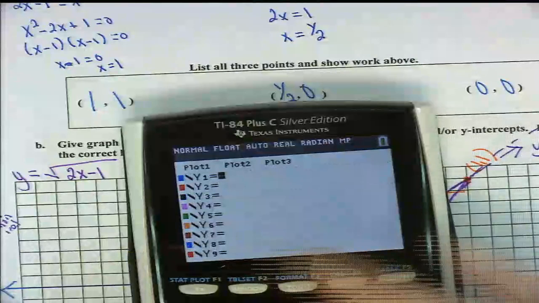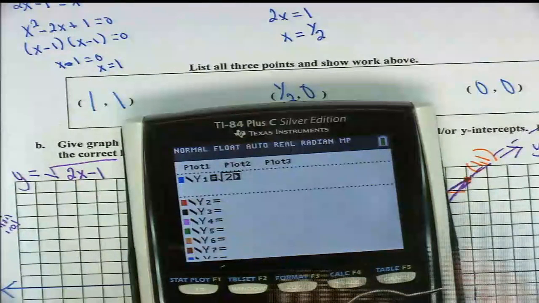I'm going to put in the square root of 2x minus 1.